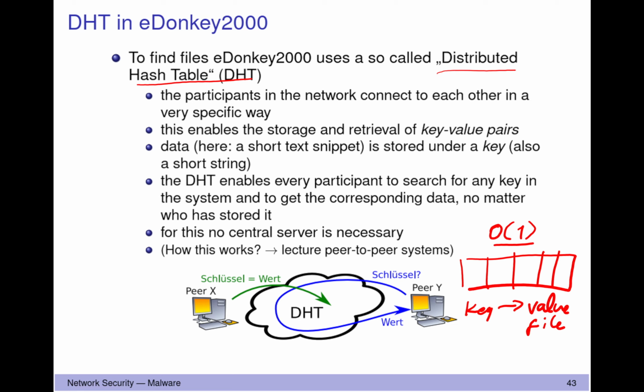So, and this is in charge. So peer number 1 is in charge of this. Peer number 2 is in charge of this. Peer number 3 is in charge of this.